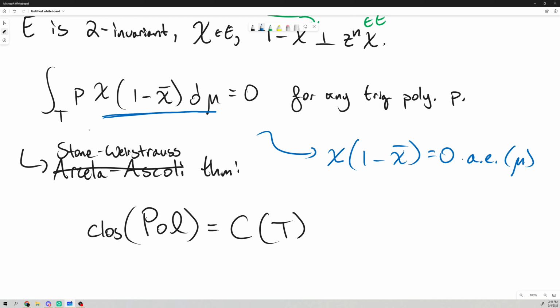Because this is equal to 0 for any trig polynomial, which follows by that double invariance, this integrand is 0 almost everywhere with respect to mu. All we do right here is simple algebra. I'm going to write things out and solve. So this is equivalent to this condition: chi is equal to its modulus squared, mu almost everywhere.